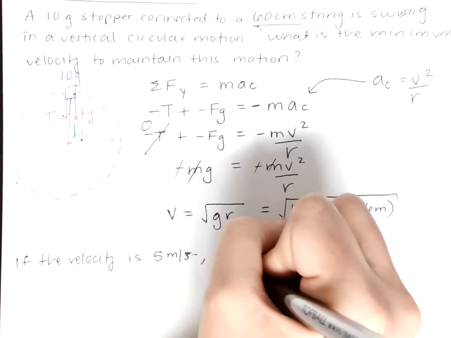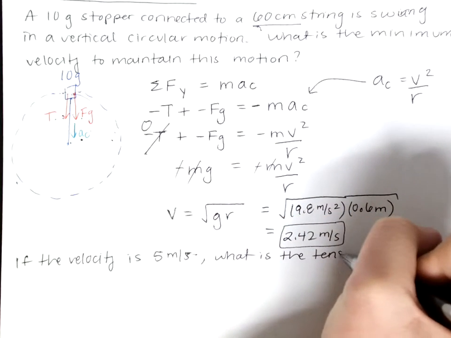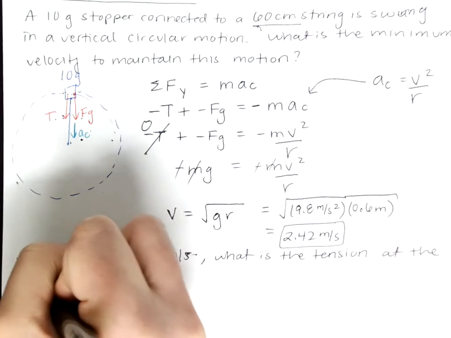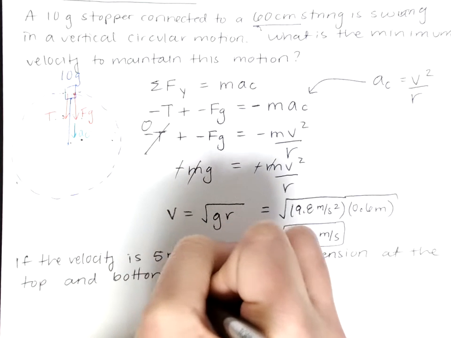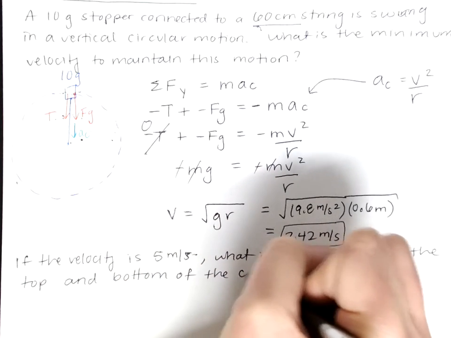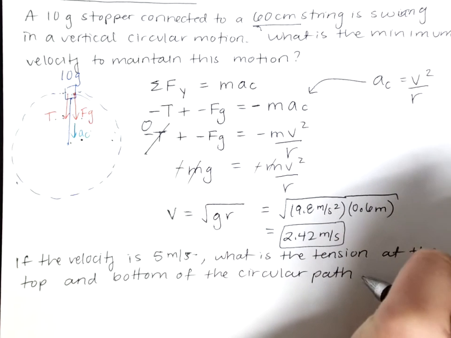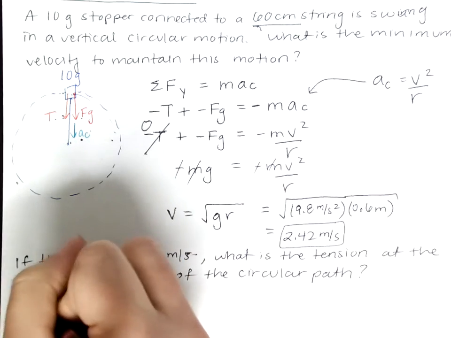We're going to want to find what that tension is at the top and bottom of its path. Okay, so let's start off by drawing a picture for both. Let's do the top version first.